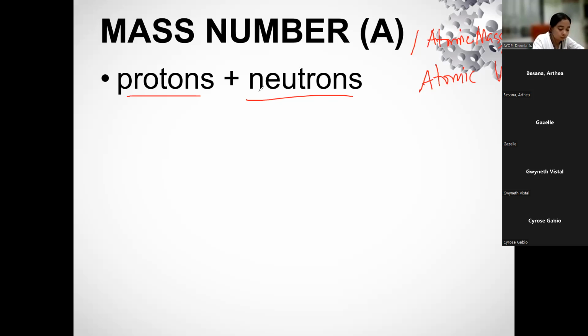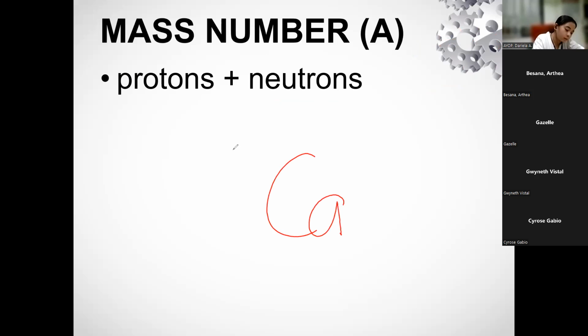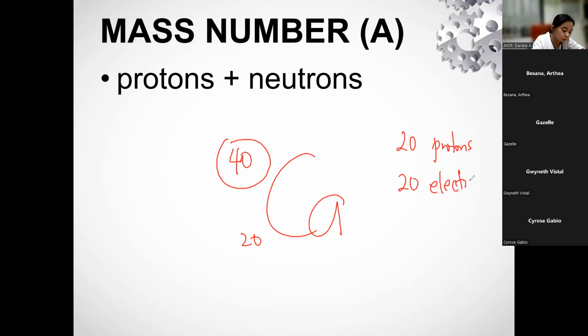So there are two of them, protons and neutrons, both subatomic particles found in the nucleus. Okay? So this one is larger. Again, in the case of calcium, this one is the mass number. So if it has 20 protons and 20 electrons, since there is no charge, what is left? What do we do?